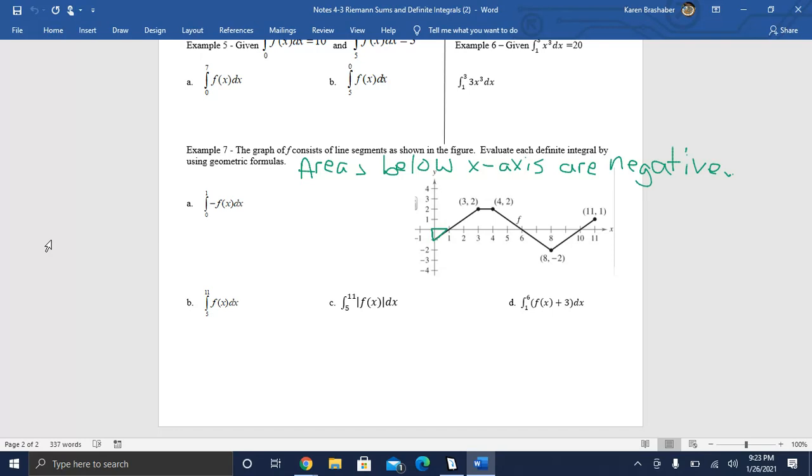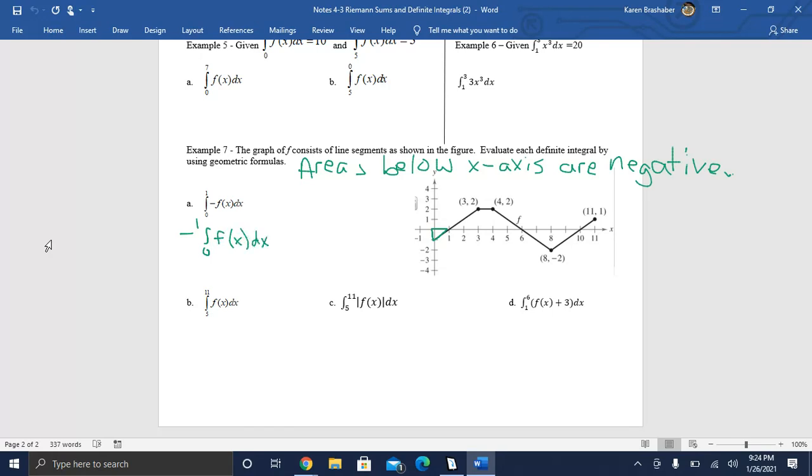Now we have a lot of negatives going on in this problem, so I'm going to try to draw this out for you. First of all, the negative that is actually given to us in the integral, I'm going to pull that negative in front of the integral. So that would be the negative integral from 0 to 1 of f of x dx.